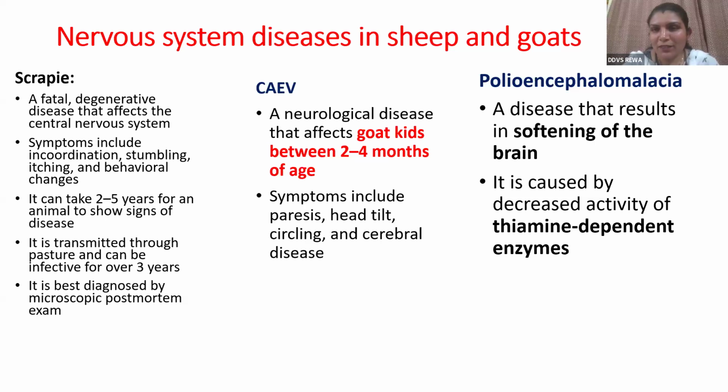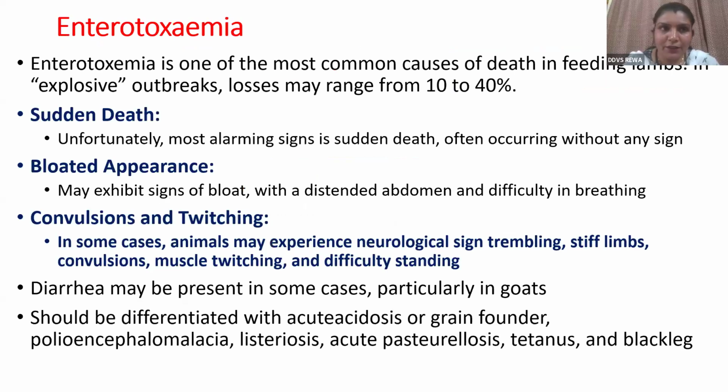Polioencephalomalacia may coincide with these neurological diseases, and it is because of ingestion of some concentrates which have a lot of thiaminase enzyme, which causes the destruction of vitamin B1. So you have to consider it for differentiation from listeriosis. Next is enterotoxemia, and it also shows some neurological symptoms.